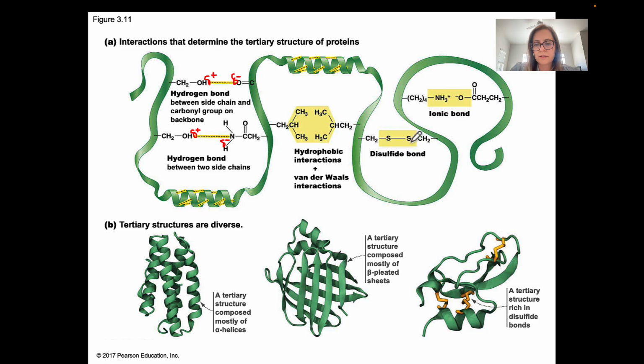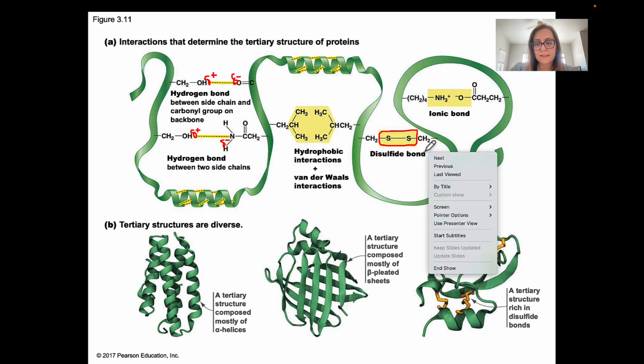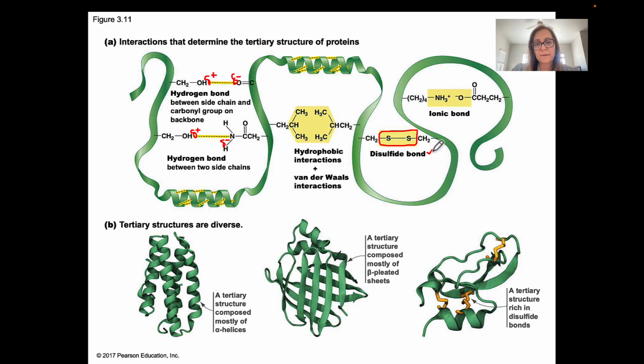Here are the disulfide bonds forming between two cysteine amino acids, and those have those sulfhydryl groups. This is the strongest of the bonds within the tertiary structure because it's a covalent bond.